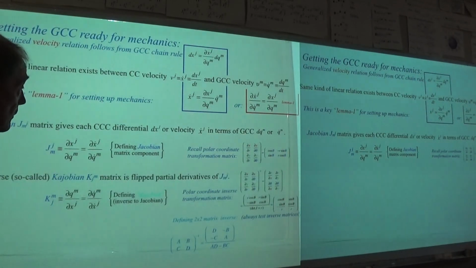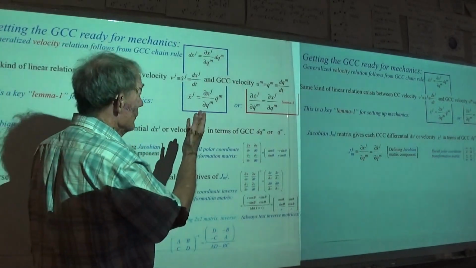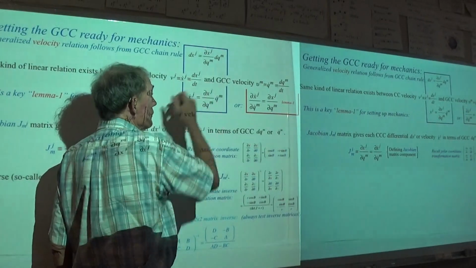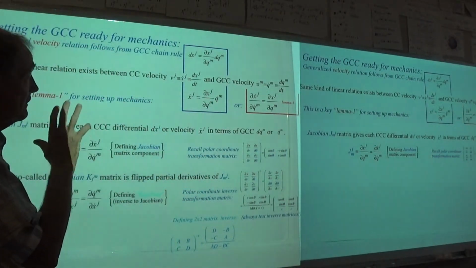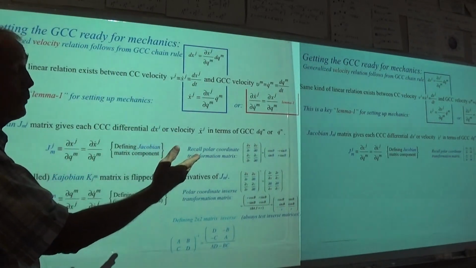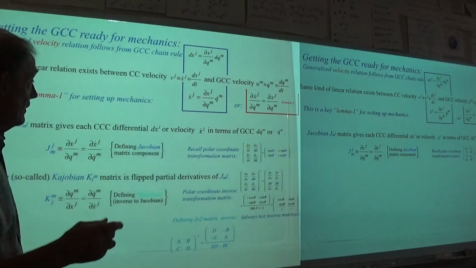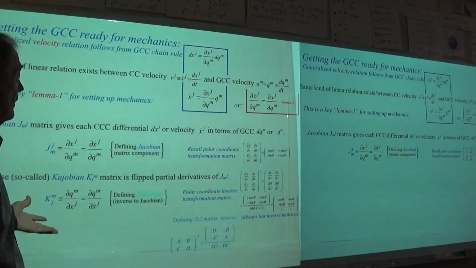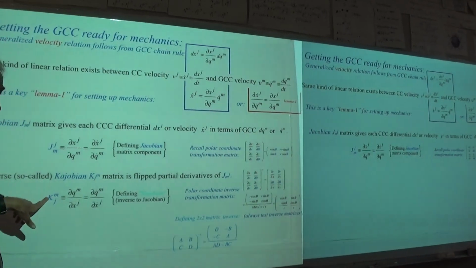Now, very often, the actual functional definition of a particular queer coordinate system may be really queer. That is, you can't find an easy solution where you get the q's in terms of the x, y's, and the z's that go with the Cartesians. If that's the case, you would kind of be stopped right here, except for something that it turns out to be really neat.